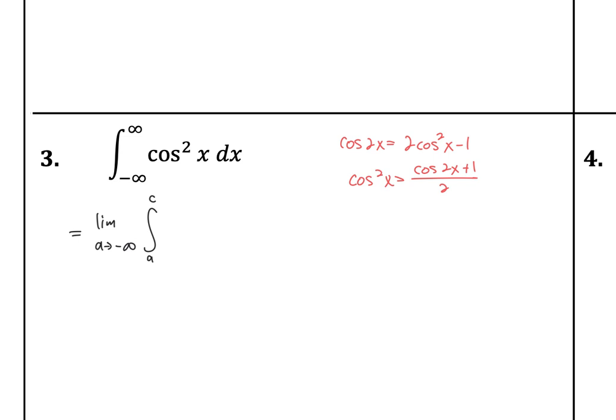So this is cosine 2x plus 1 over 2, plus, oops, now we'll do the limit. Maybe b goes to positive infinity, put the b in the top, put that same c in the bottom, and then do this cosine 2x plus 1 all over 2.